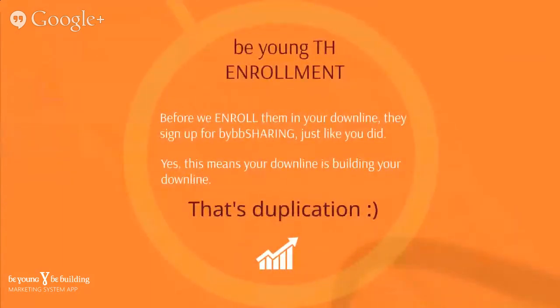The whole objective here is that as we're taking them through the education systems, we're looking to enroll them in BYBB first. And once we've got them engaged in BYBB and enrolled them as a product partner, as a sharing partner, and they've engaged a build automator, it literally means that your downline is building your downline. That's duplication.